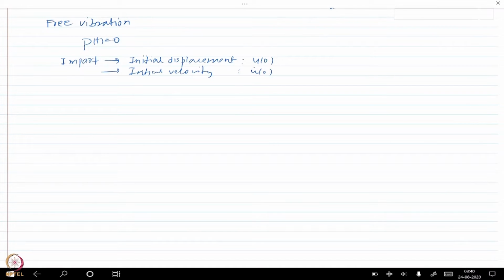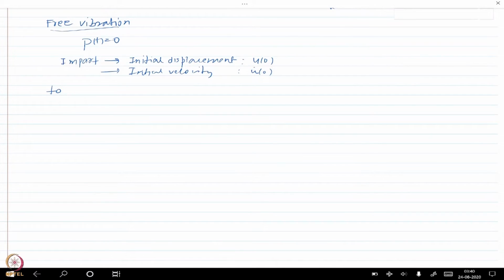Now, this type of motion, free vibration, is without the action of any external load. This kind of motion can be utilized to obtain important parameters of an oscillatory motion.